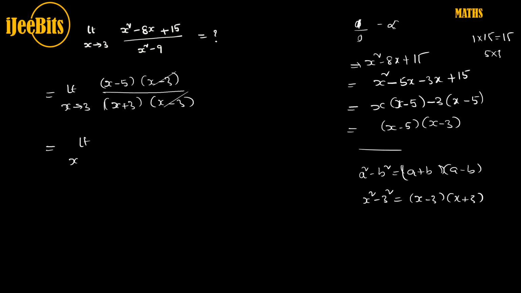Limit x tends to 3, x minus 5 by x plus 3. This is our simplified answer. Now you can plug in the value: 3 minus 5, 3 plus 3. So minus 2 by 6. Is it? Minus 2 by 6 is nothing but minus 1 by 3. This is your answer. Are you clear?